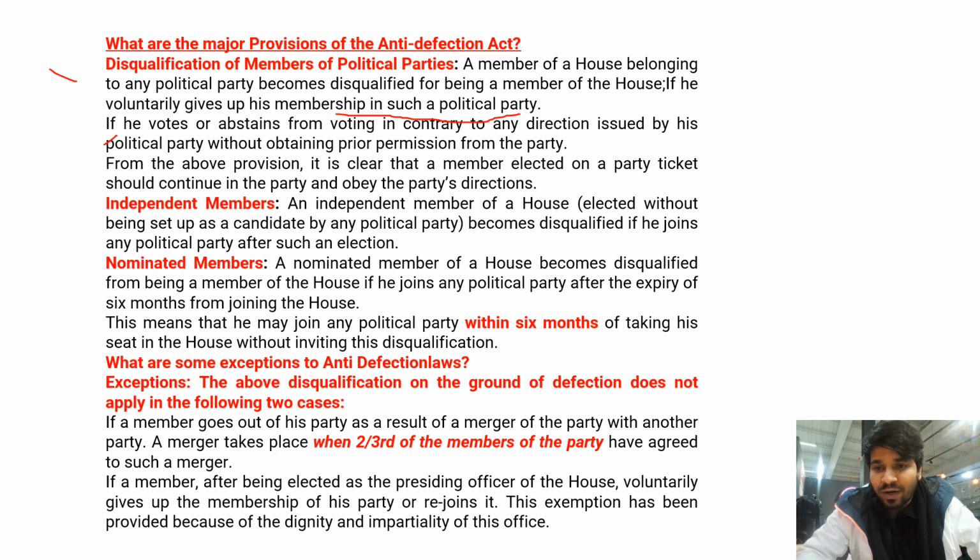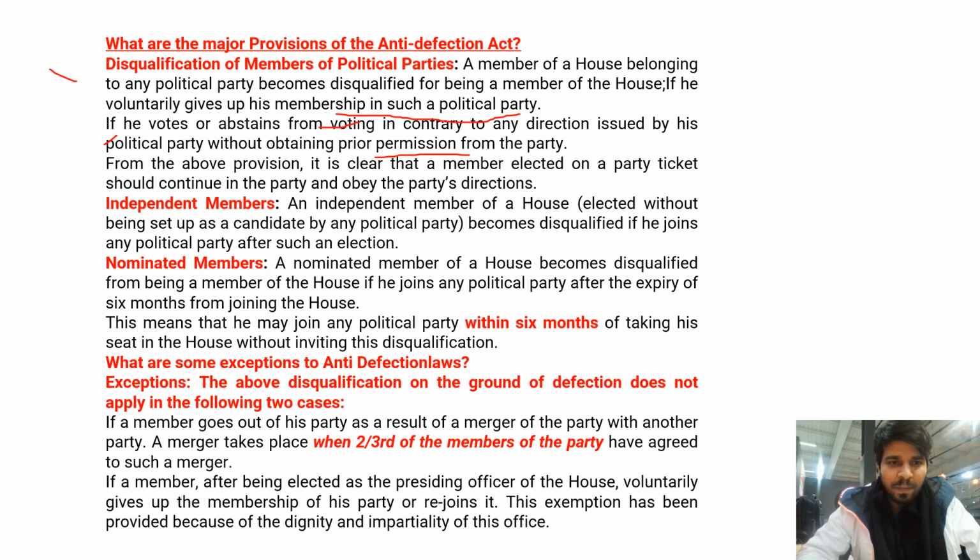Again, one important aspect is not going contrary to the opinion of the party, which is also called the whip in political language. If anyone abstains from voting contrary to the direction issued by the political party, if you don't go with the advice and decisions of the party, obviously you can be disqualified as a member of Parliament or state legislature, right?